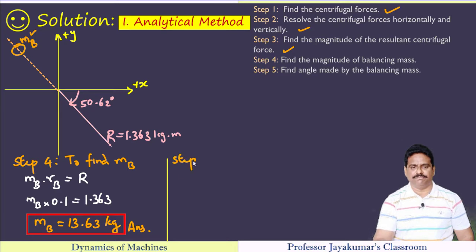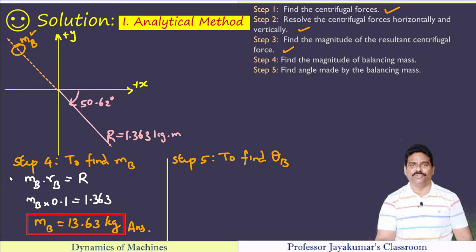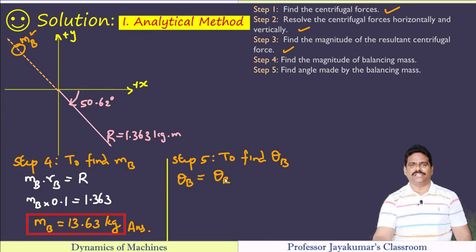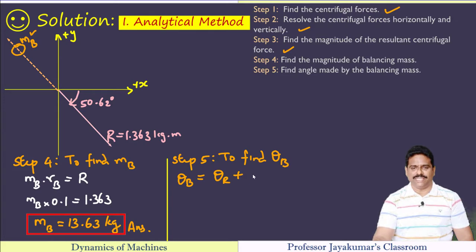Now we can complete step number 5 easily, which is to find the location of the balancing mass. We know that the location will be exactly opposite to that of the resultant force, or in other words, to the angle of the resultant force, either I can add plus 180 degree or I can add minus 180 degree. It means either I can measure from here or I can measure from here.